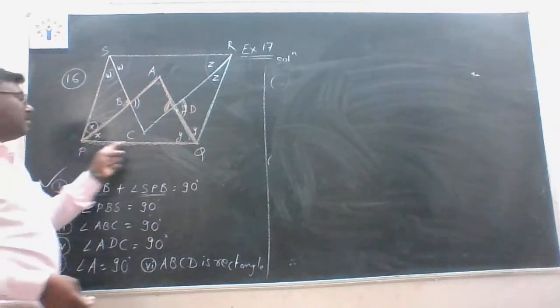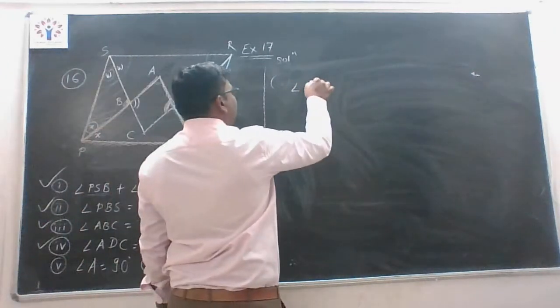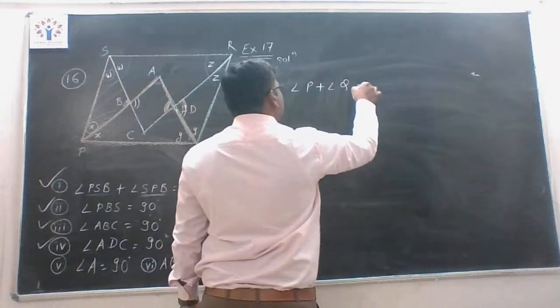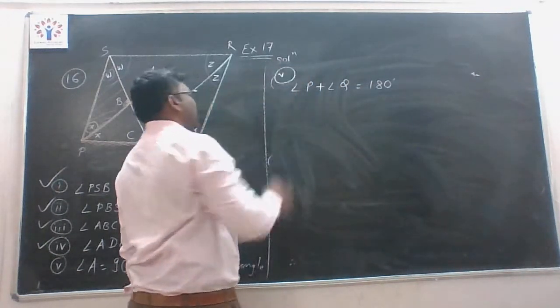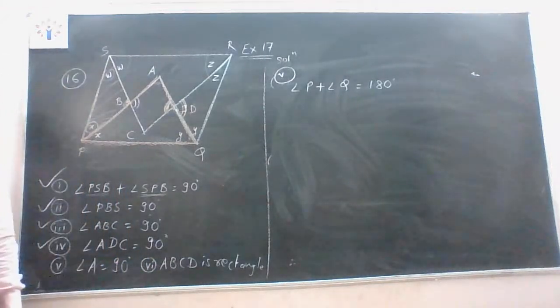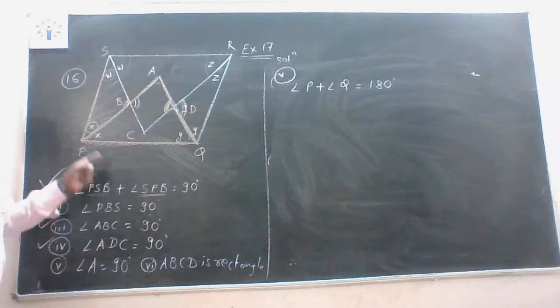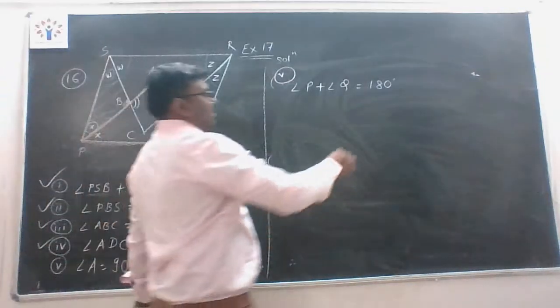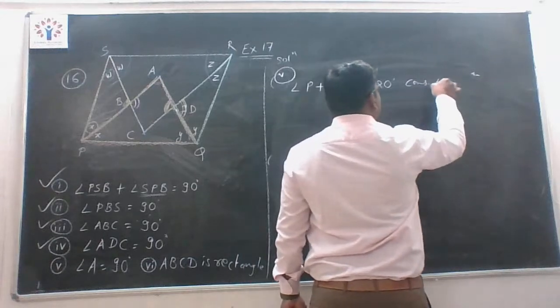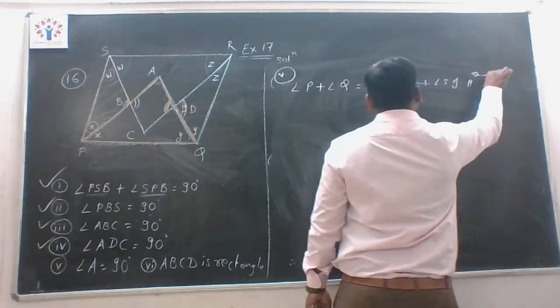So before that, we can write angle P plus angle Q is 180 degrees. This is the solution for the fifth part. Angle P plus angle Q is 180 degrees, because they are consecutive angles of a parallelogram.